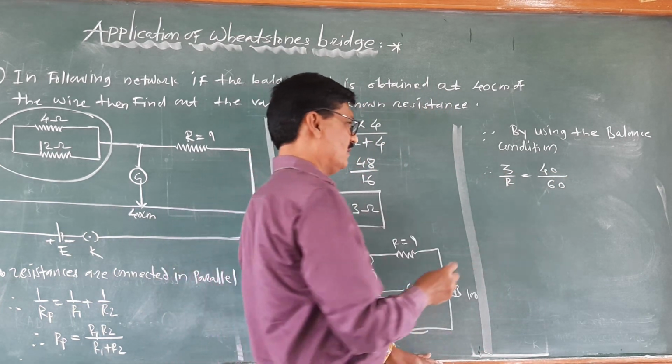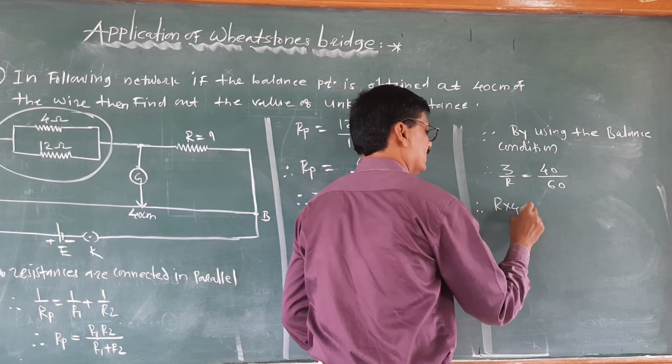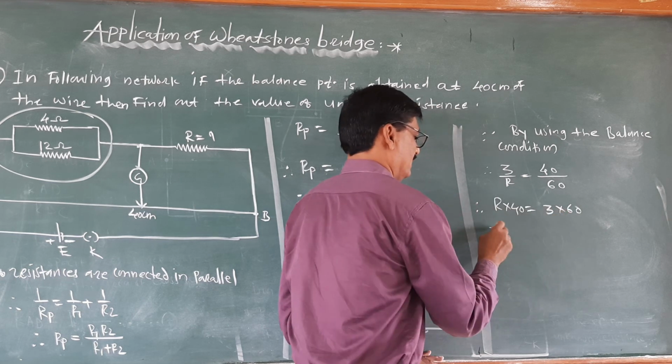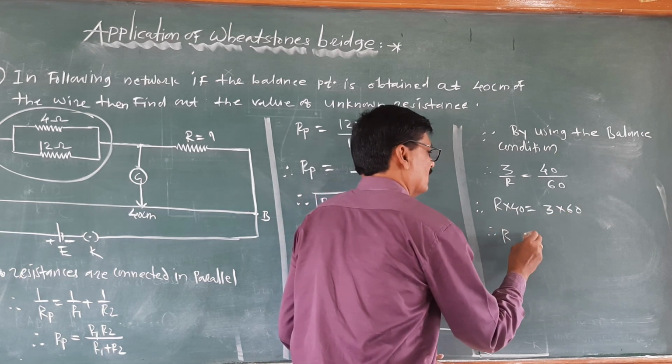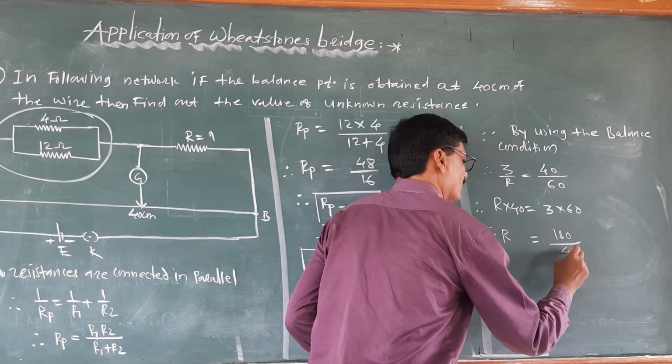Cross multiplying, R multiplied by 40 is equal to 3 multiplied by 60, so R is equal to 180 divided by 40.